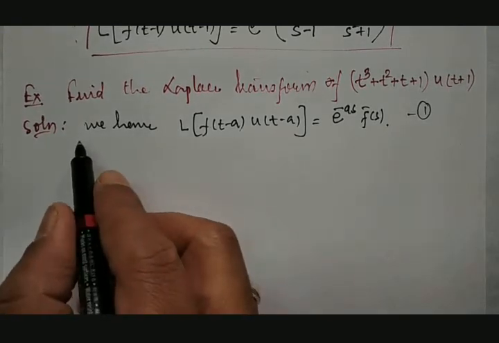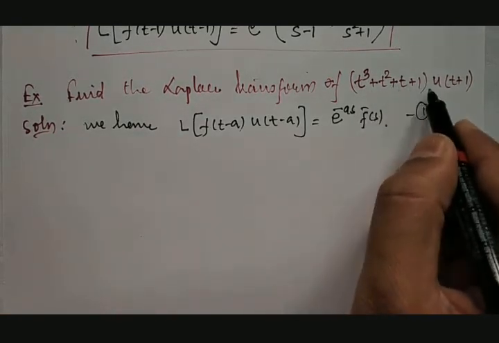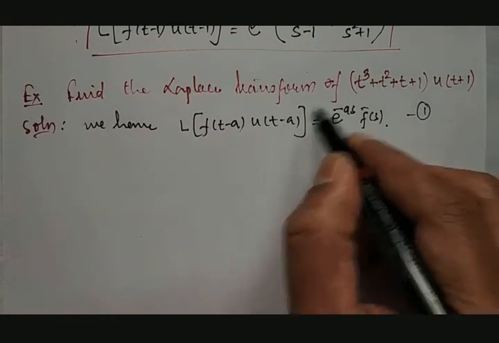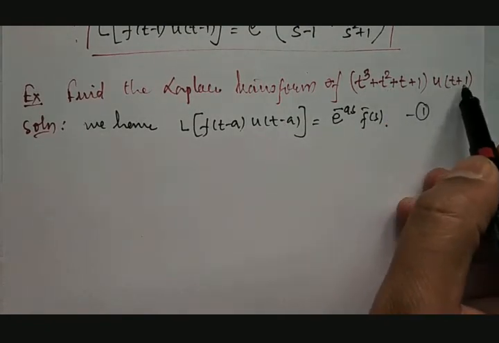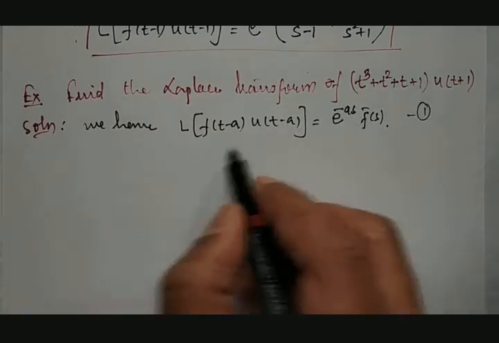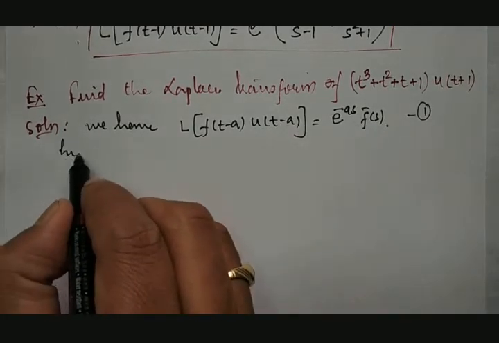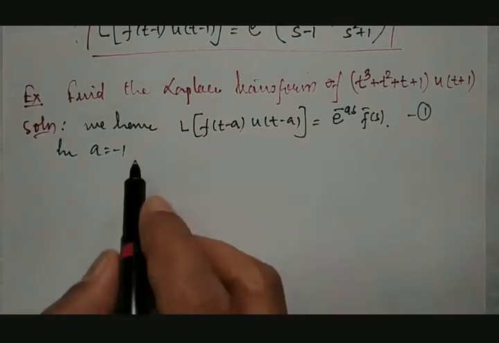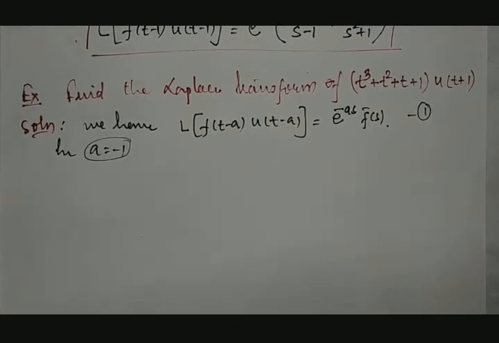Very first, if you compare this example with this, then what I'll be getting? I'll be getting u of t plus 1. Here it is u of t minus a. So in this case, we can see a is equal to minus 1.